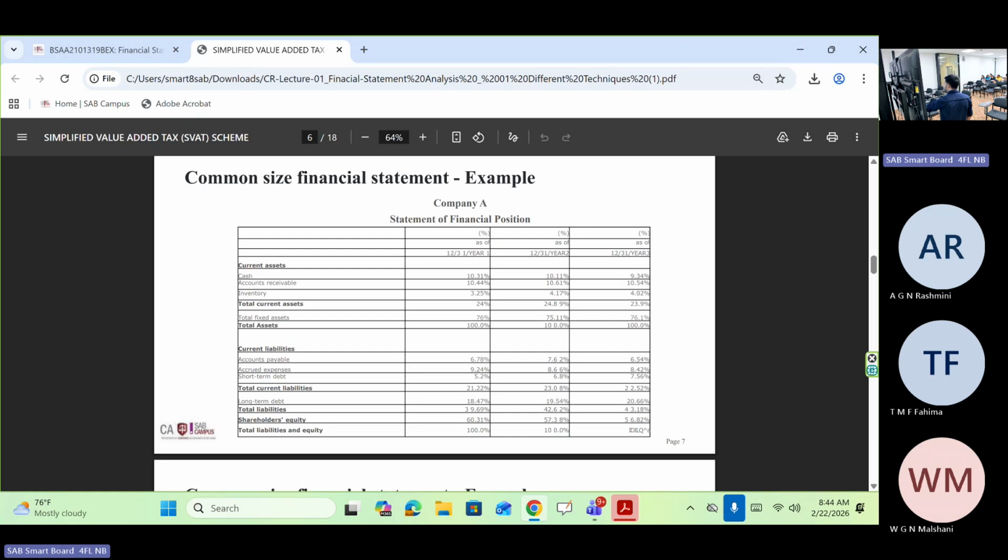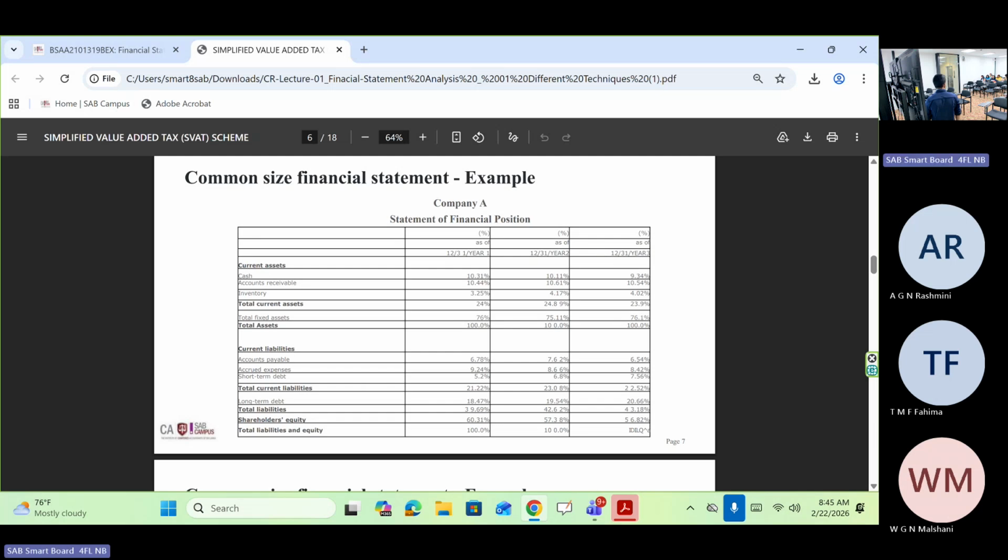Now you can easily compare the three different years. You can see inventory: year 1, 3.25, year 2, 4.17, year 3, 4.02. Easily you can catch these numbers having this common size.